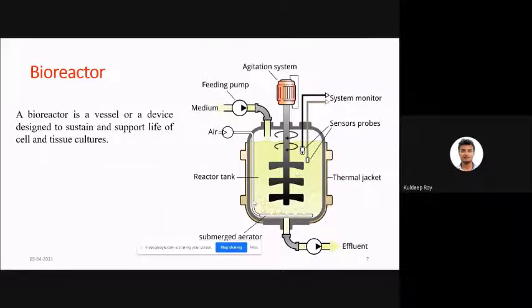Same thing, if you want to do membrane separation, you can do it, and the solid and liquid will easily separate out. There are various types of processes in the downstream section after the production of your value-added product. This is the very basic part of the bioreactor, which I have discussed here.